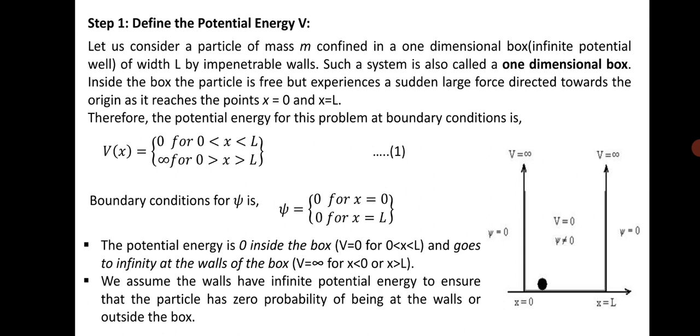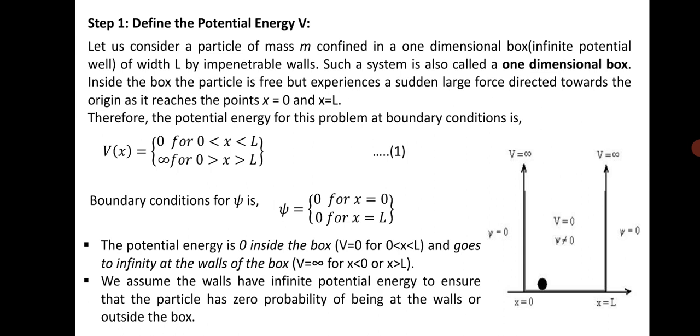Okay, inside the box the particle is free but experiences a sudden large force directed towards the origin as it reaches the point x equal to 0 and x equal to L. It means that the particle exists only within the box and outside the box it cannot exist.